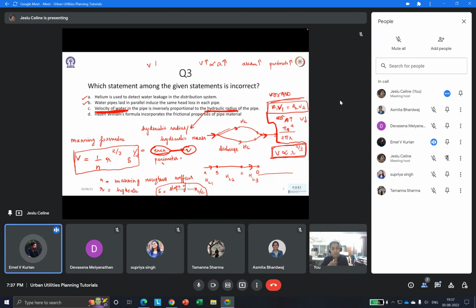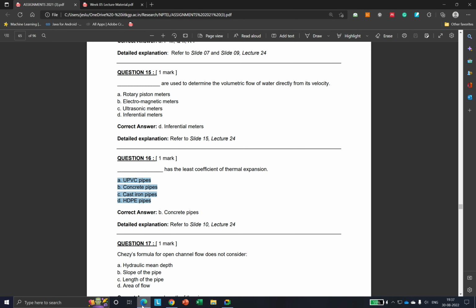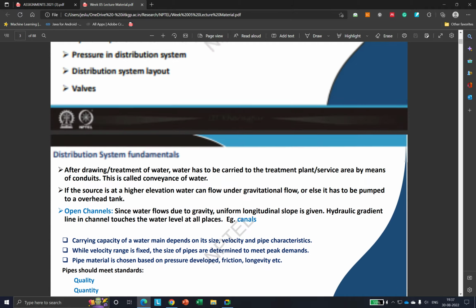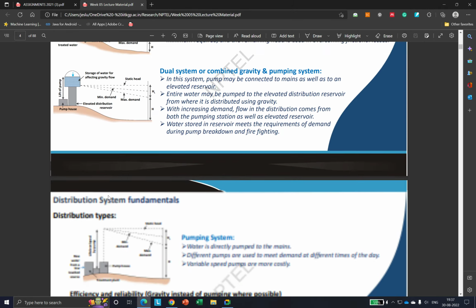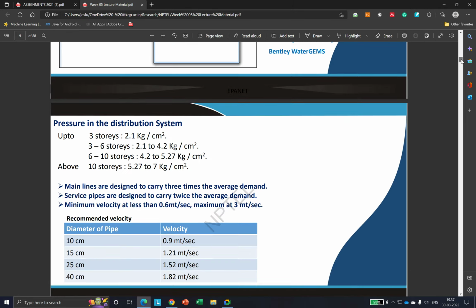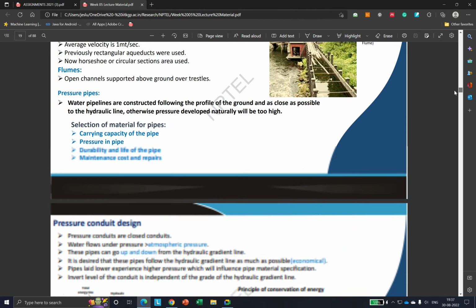The overall derivation is not there, but from Bernoulli's equation we do some rearrangement, and that is how this formula is arrived at. You can refer to that lecture and see it in detail.